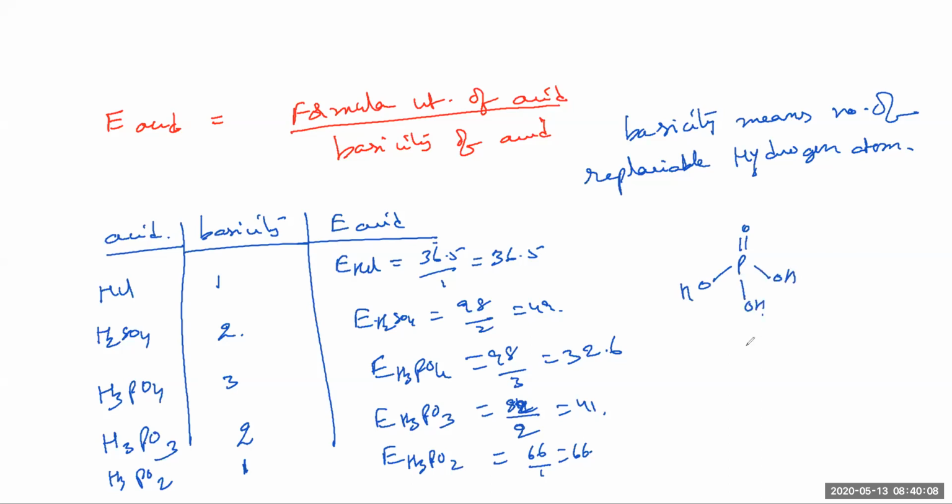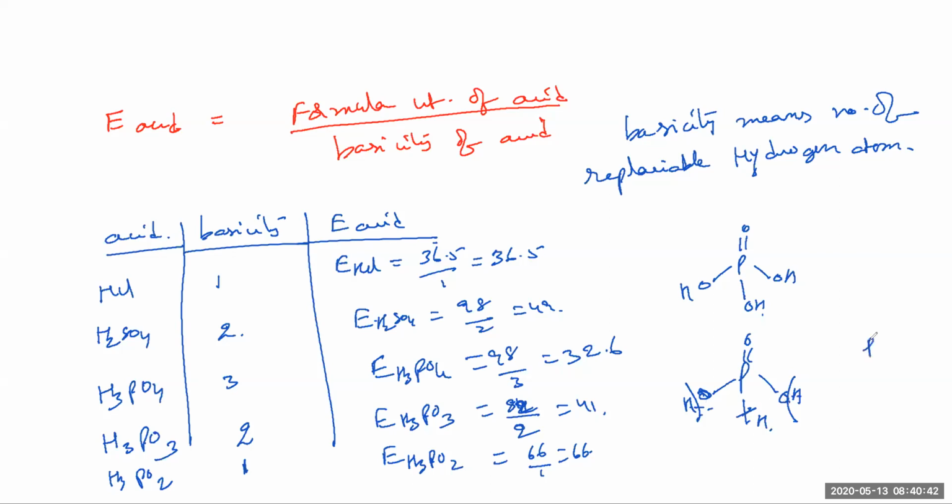But in H3PO3, phosphorus double bond O, OH, OH, and H. In this molecule, the hydrogen is directly linked with the central atom through a strong covalent bond. This is not replaceable. When this molecule is dropped into water, the bond between hydrogen and oxygen is polar covalent, and only these bonds cleave, but this bond does not cleave. So that means 2 only replaceable hydrogens.